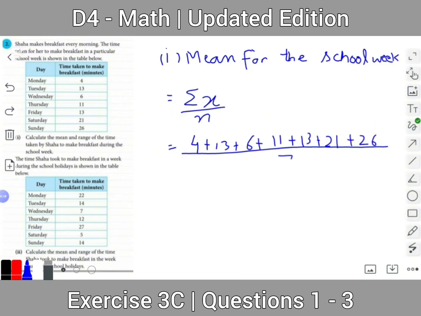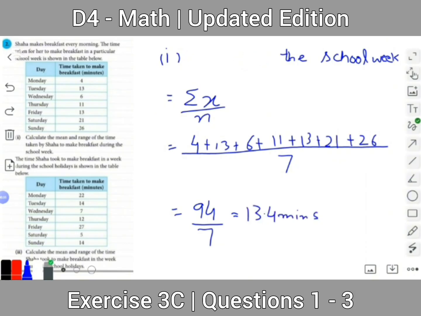So those are 7. After adding up, we will get 94 divided by 7, and after dividing we will get 13.4 minutes. So the mean for the school week is equal to 13.4 minutes.